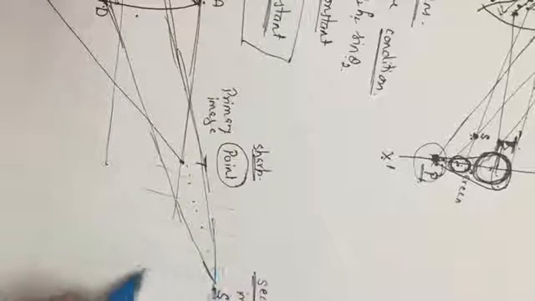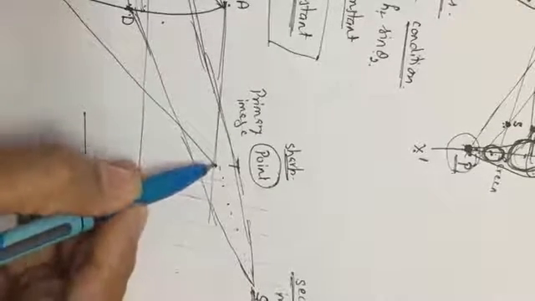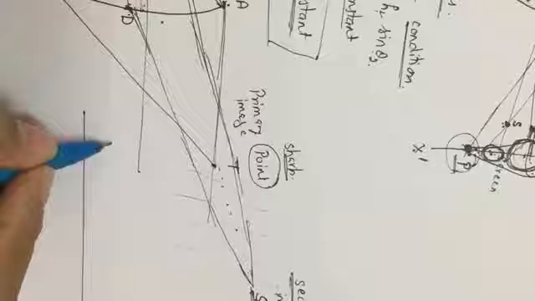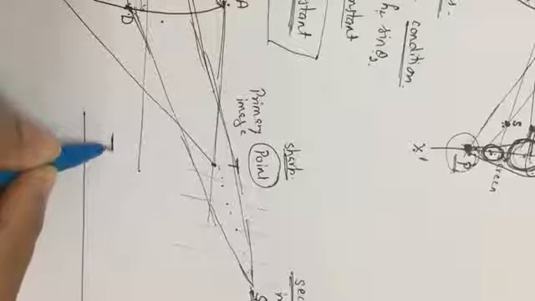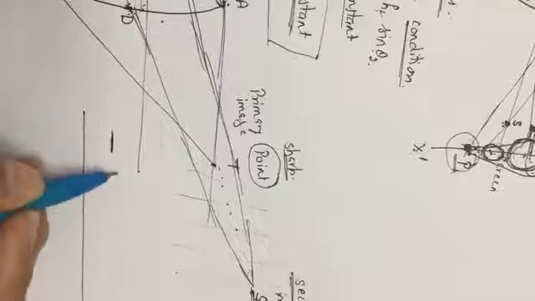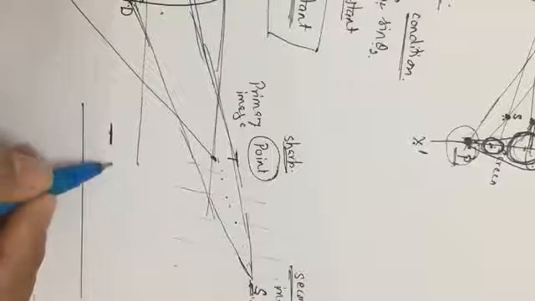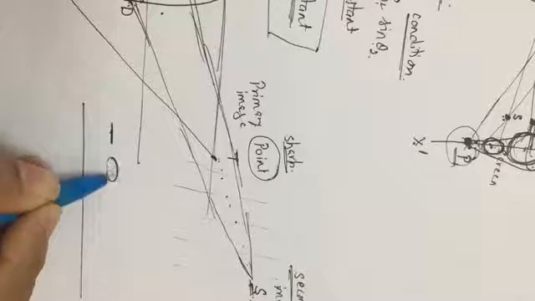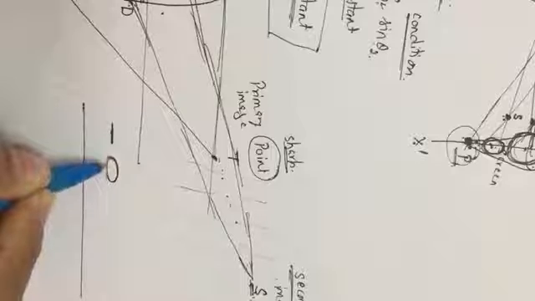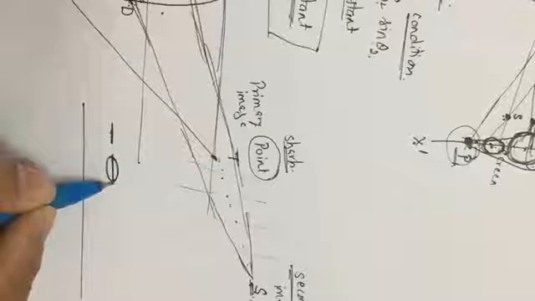In case of astigmatism, if we find the space in between T and S and we randomly put different screens in between T and S, we will find that on the screen at point T we will get a horizontal image, and if we move the screen from point T to S, the image will change into an ellipse such that the major axis is parallel to the principal axis.